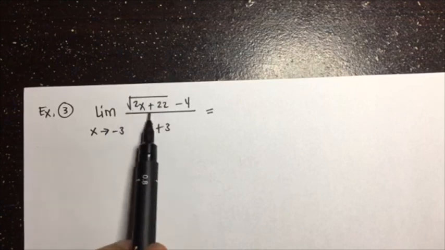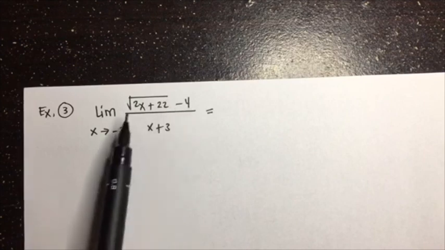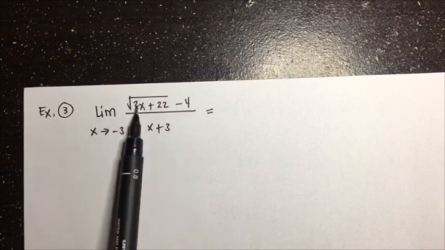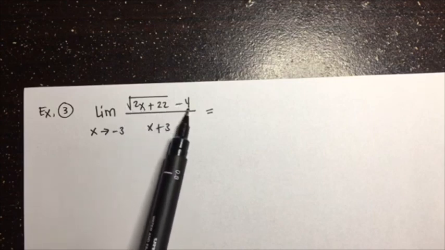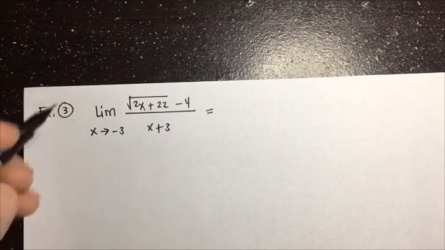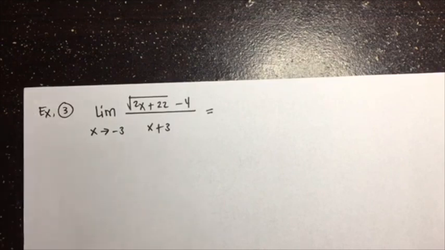To do that, we should multiply the numerator and the denominator by the square root of 2x plus 22 plus 4. With that, we can eliminate the radical sign in the numerator.